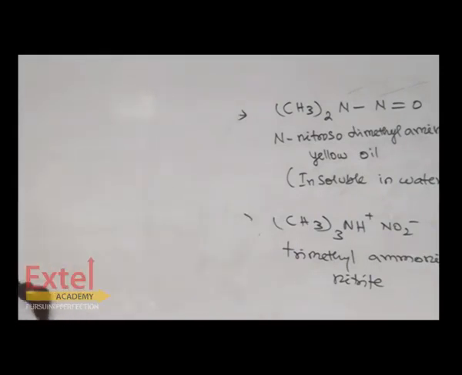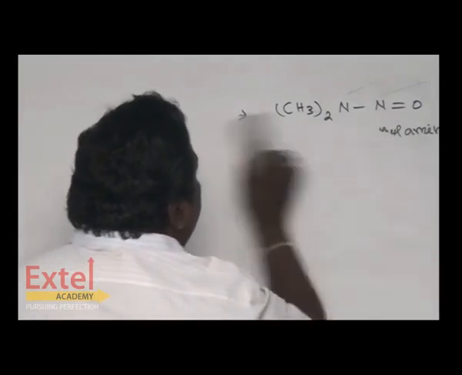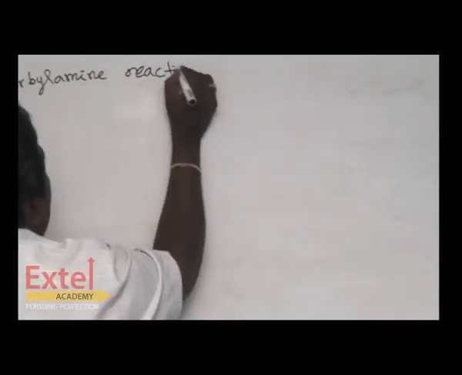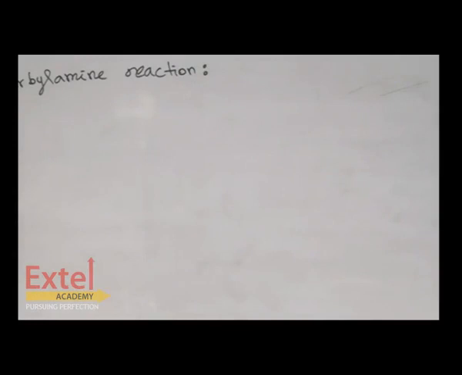Understood? Now we are going to see another important reaction involving amino groups. That is the carbylamine reaction. Carbylamine reaction is a test for primary amine.